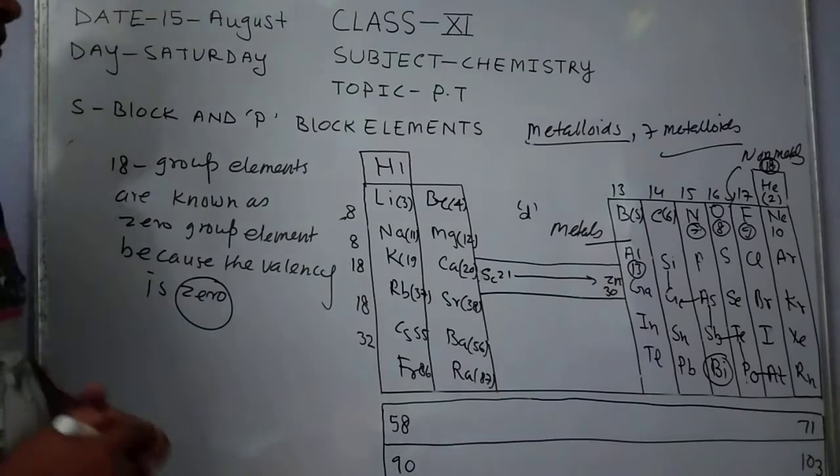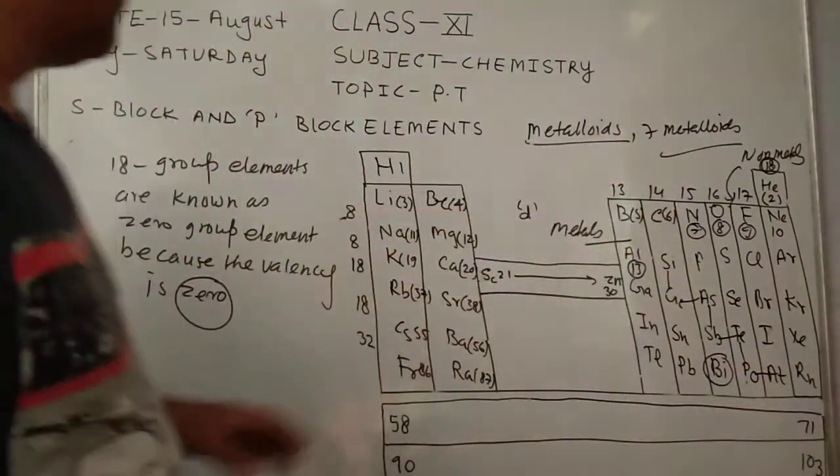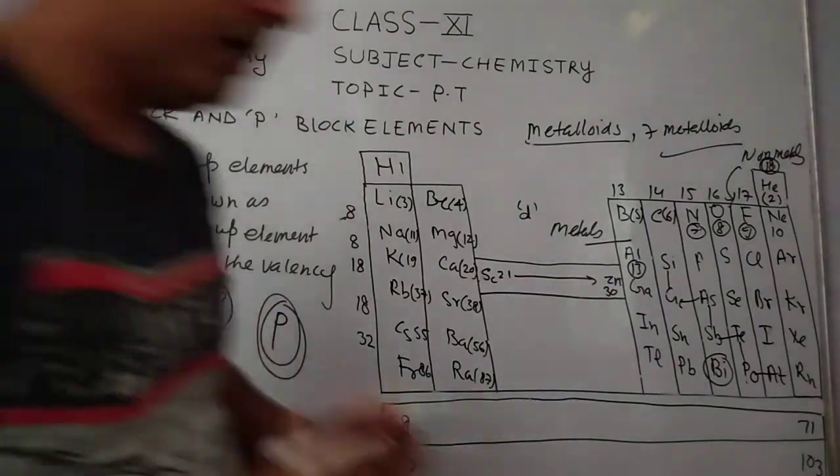So these are the p block elements, because in these elements the last electron enters the p subshell, so they are all p block elements.